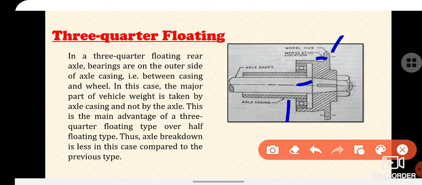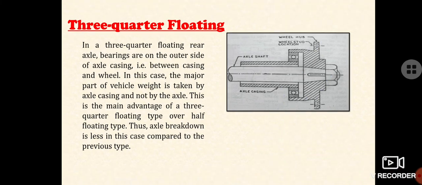In this case, the major part of the vehicle weight is taken by the axle casing and not by the axle. This is the main advantage of the three-quarter floating type over the half floating type. Thus, axle breakdown is less in this case as compared to the previous one.